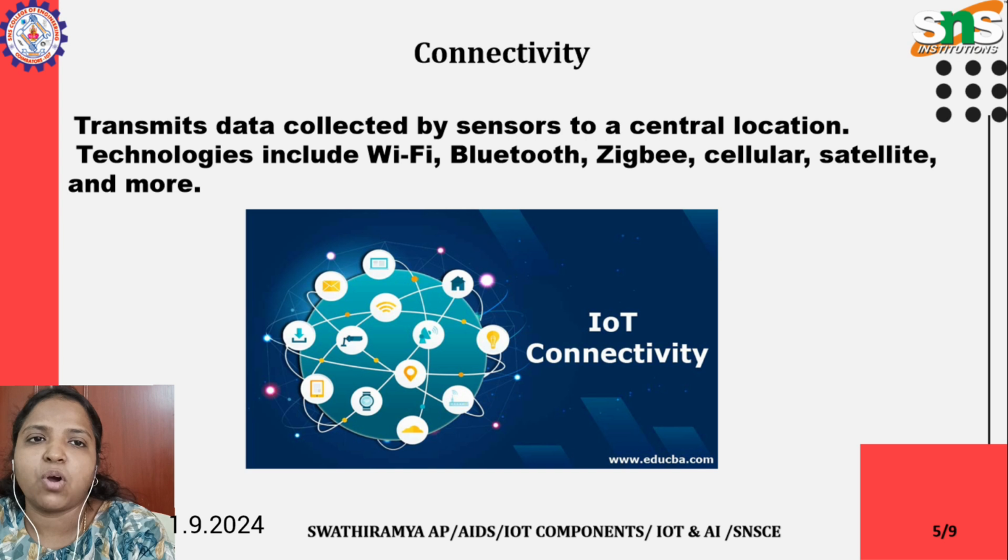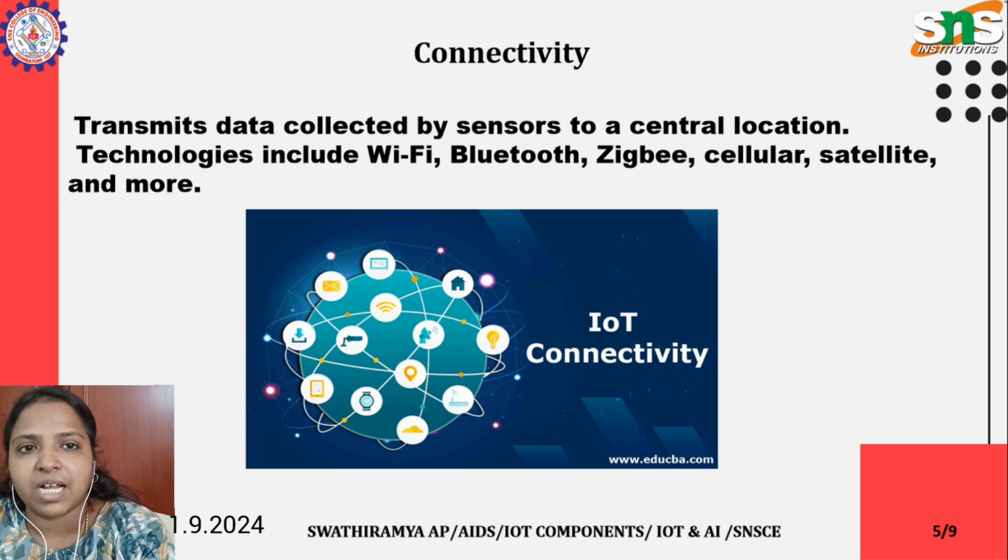You collect all the data using some kind of devices, and this data has to be transferred from one device to another. For example, you collect the temperature of the room using a thermostat sensor, and this data has to be transferred to the cloud for further processing. So you need connectivity to transfer this data from the device to the cloud, right?